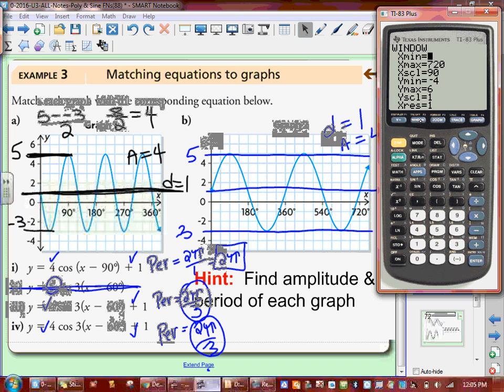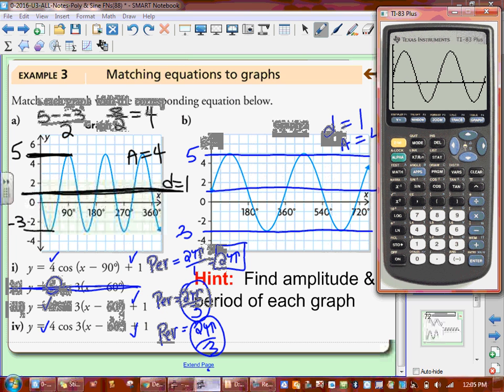So the period for my first one here is 360. So 2 pi is 360 degrees. So whichever one is a full 360 degrees, that is the equation that's going to match.